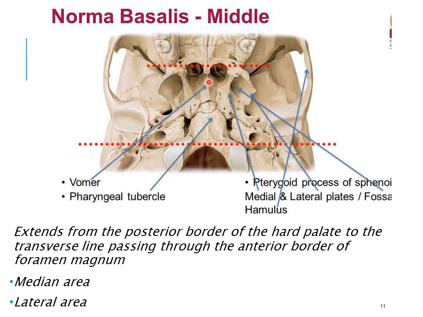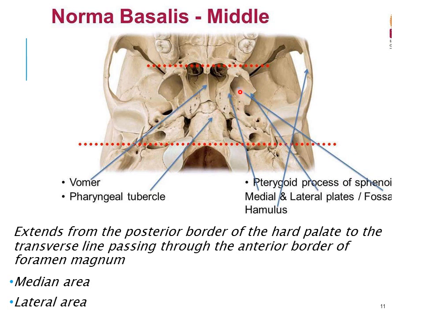This is the vomer, and you can make out the pharyngeal tubercle, and you can make out two plates over here, the medial and lateral pterygoid plates. This is medial pterygoid plate and this is lateral pterygoid plate, and we have a fossa here. This is known as the pterygoid hamulus, or pterygoid fossa we see.